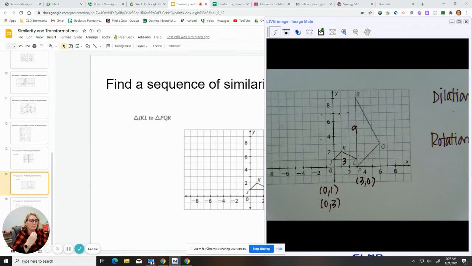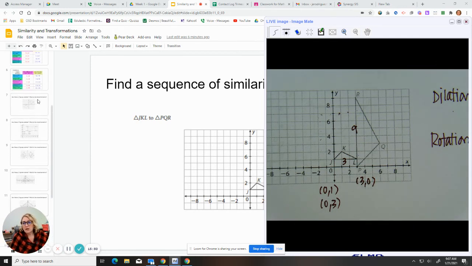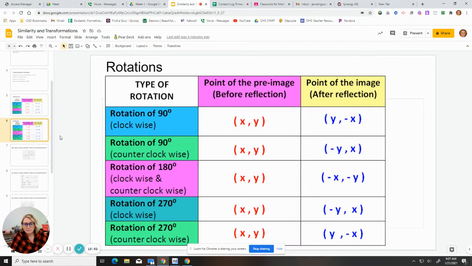So I have to look back at whichever rotation goes from an (x, y) to a (y, x). And if I go back and look at my rotations, I notice that the only ones, and there's 2, which are the same thing, go from an (x, y) to a (y, x). And notice it says -x, but -0 is still 0.